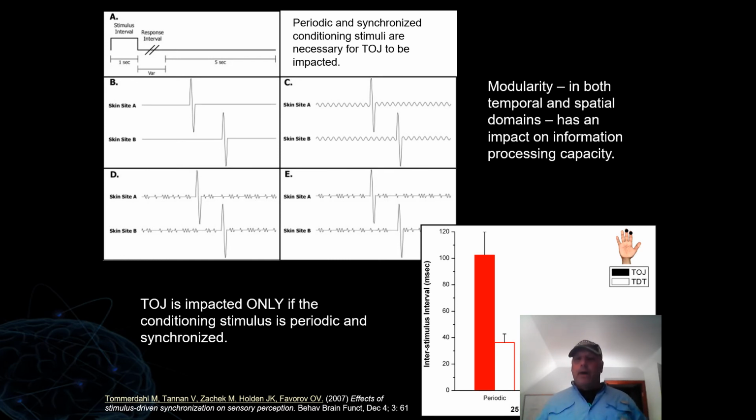The bottom line of this slide is that for this to work, the stimuli have to be periodic and sinusoidal. Any other combination does not work. It's not just a noisy stimulus that makes you confused. You've locked this in and it is synchronized, which the last slide showed pretty well.